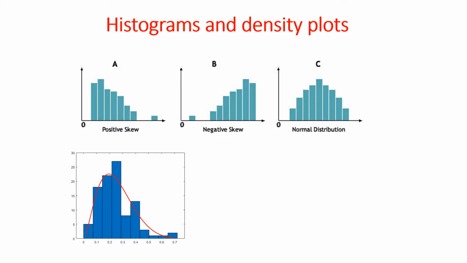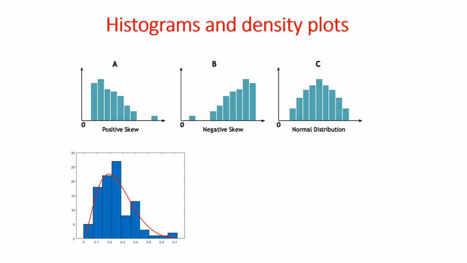However, if you look at histograms B and A, definitely the mean, mode, and median are placed in different places over the x-axis. So by looking at the histogram, you can definitely see where the central tendency is located.